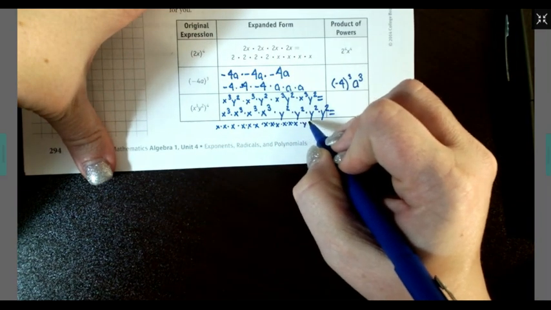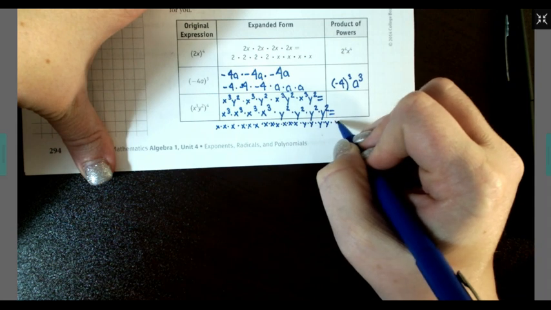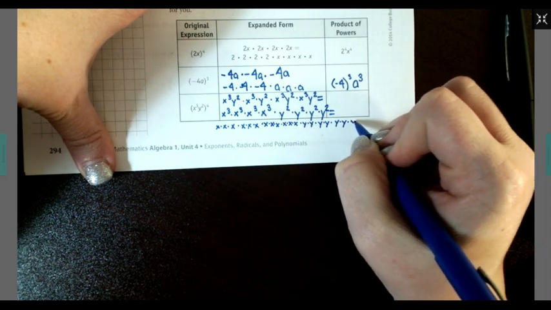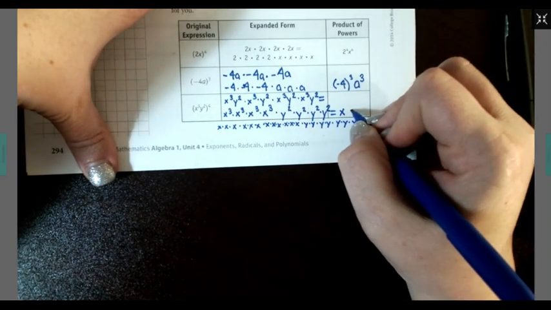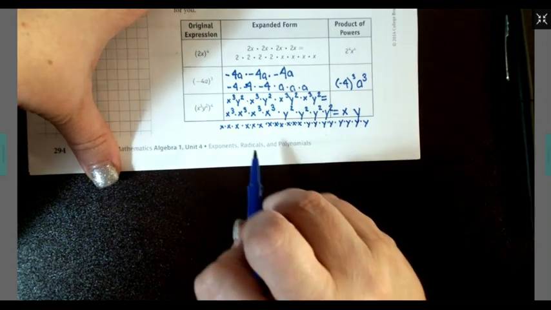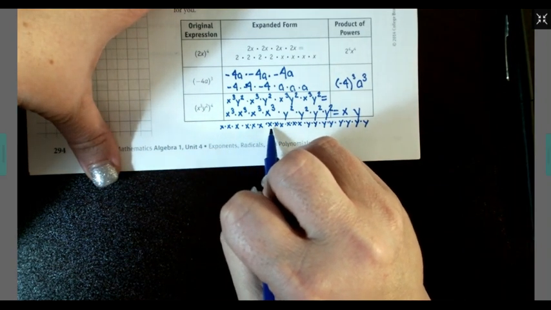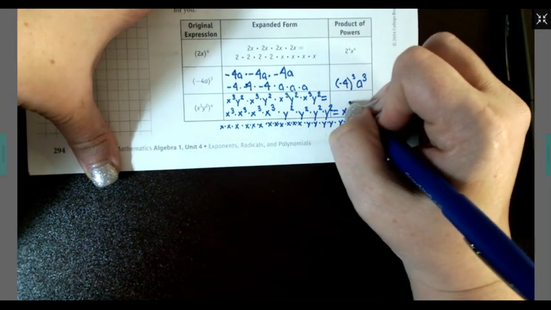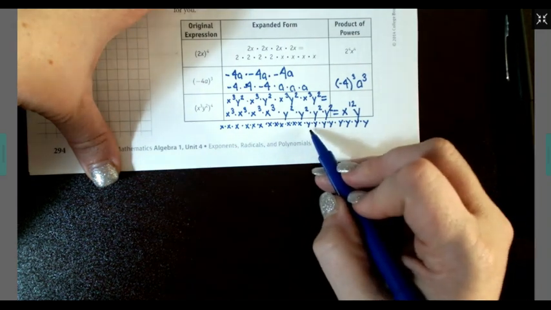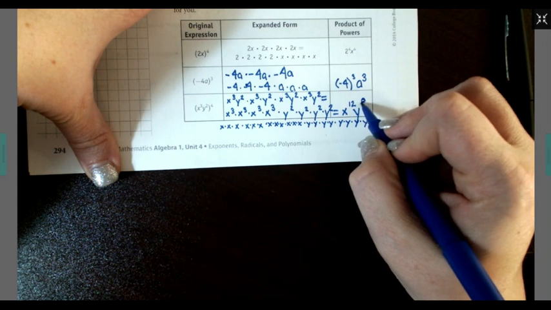So we got y squared, so that's y, y, y, y, y, y, y, y. Okay, let's count them all up. Now I got an x and a y in there. I just got to find their exponents, right? 1, 2, 3, 4, 5, 6, 7, 8, 9, 10, 11, 12. And 1, 2, 3, 4, 5, 6, 7, 8.